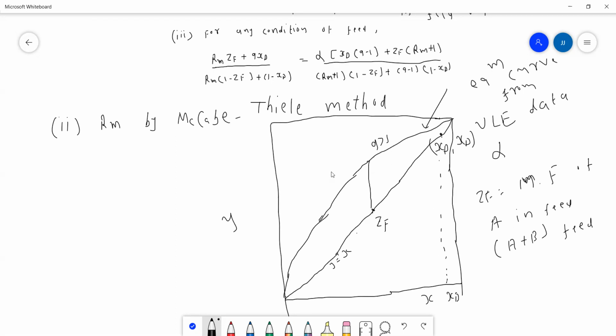So what you do? You draw a line like this, which touches the Q line and the equilibrium curve here.